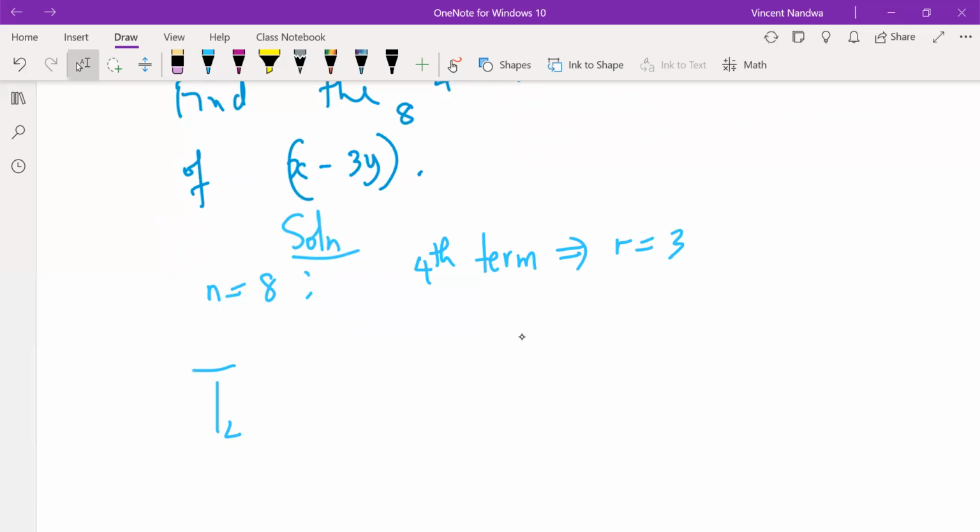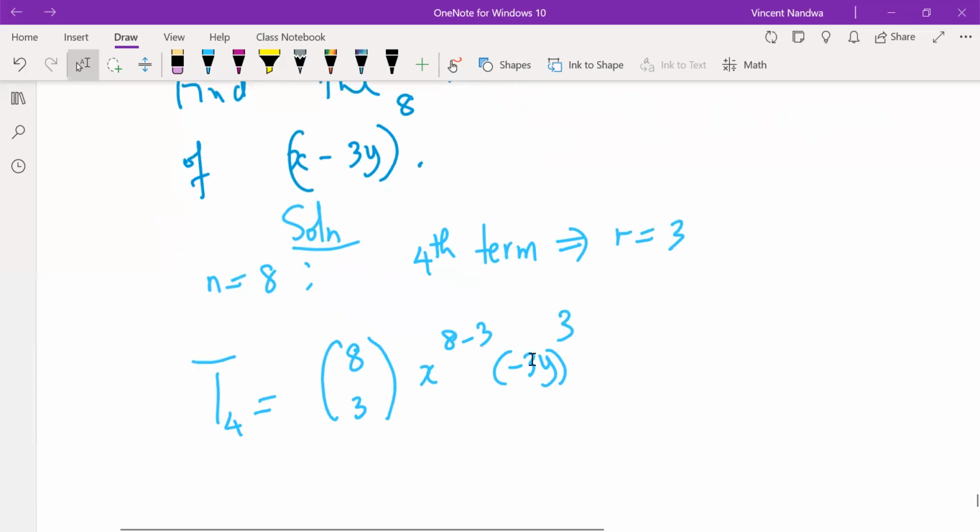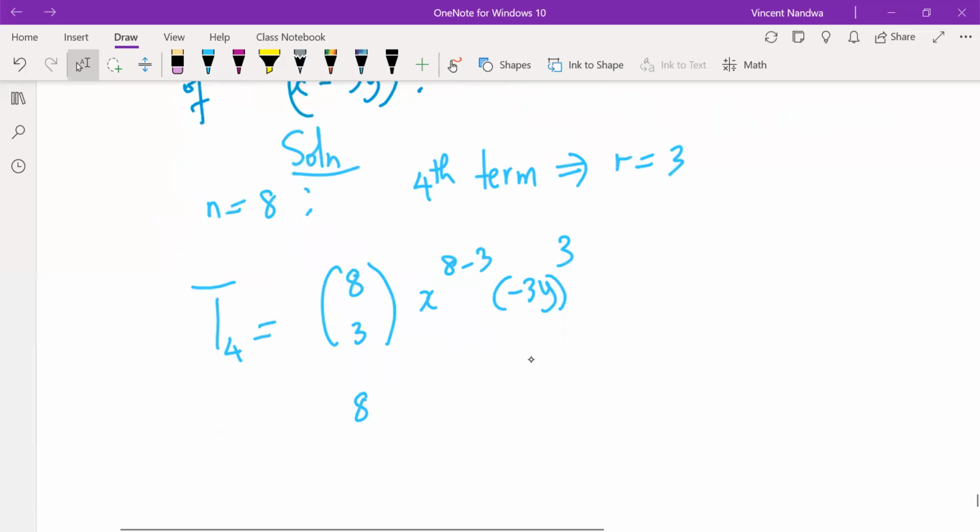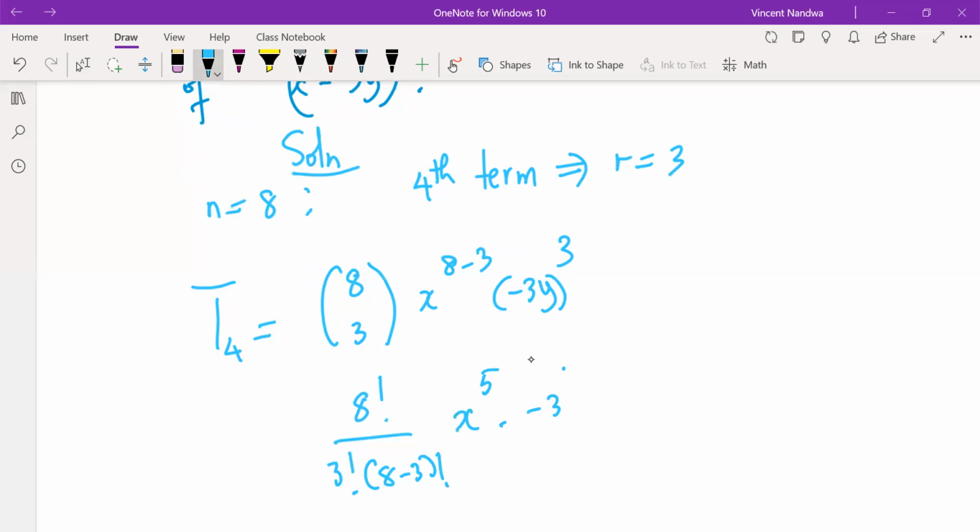So the fourth term is given by 8 combination 3, x^(8−3), (−3y)^3. So 8 factorial over 3 factorial times (8 − 3) factorial, times x^5 times (−3)^3 times y^3.